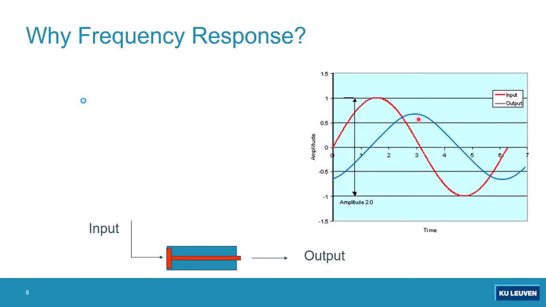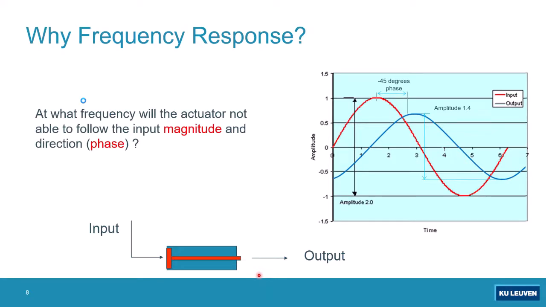The magnitude of G(jω) as well as the angle of G(jω) might be different at different frequencies. So for instance, if to this system, let's say I have a piston here, I give a certain input, then I should be able to see how the magnitude and the phase, or the direction, of the response at the steady state condition will be at different frequencies.